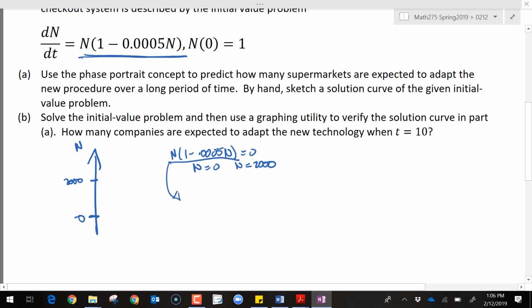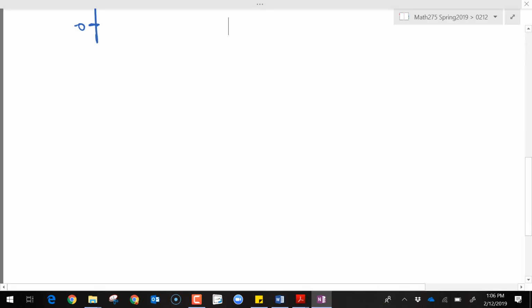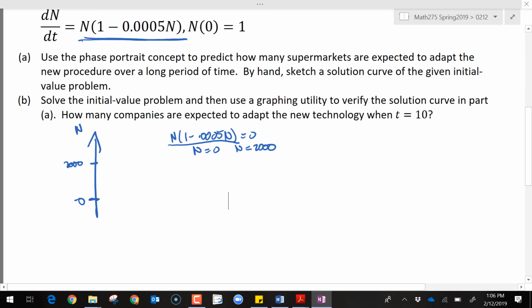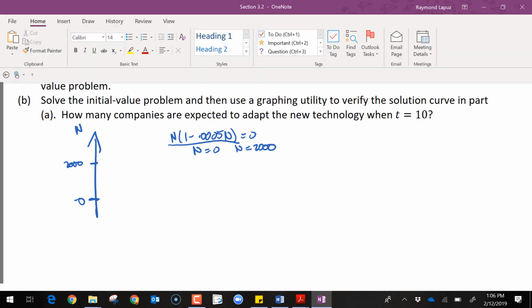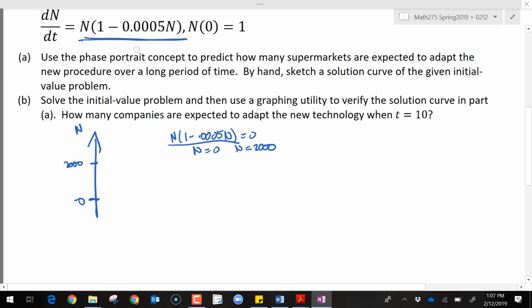So if I put, let's do this in a different color, if I put an n value that is, let's say negative, so n less than 0, I'm looking below the 0. I would get a negative times a 1 minus something times a negative number.